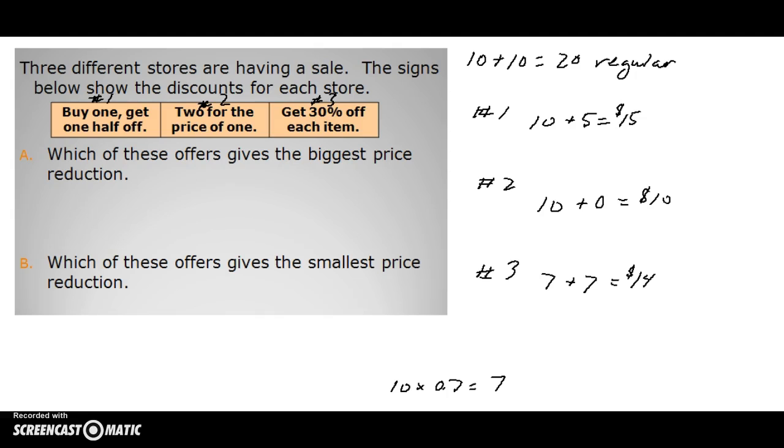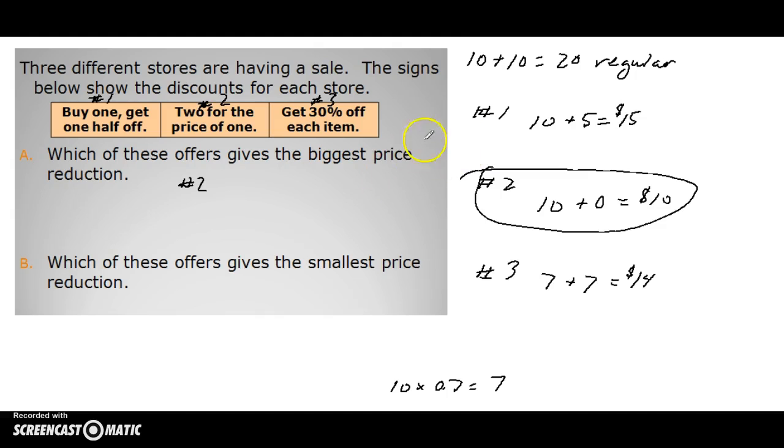So which offer gives you the biggest price reduction? Well, it looks like the buy 2 for the price of 1. Number 2 gives us that. We did the math right there, because that's the new price. It was going to cost $20, now it costs 10. Which offer gives you the smallest price reduction?